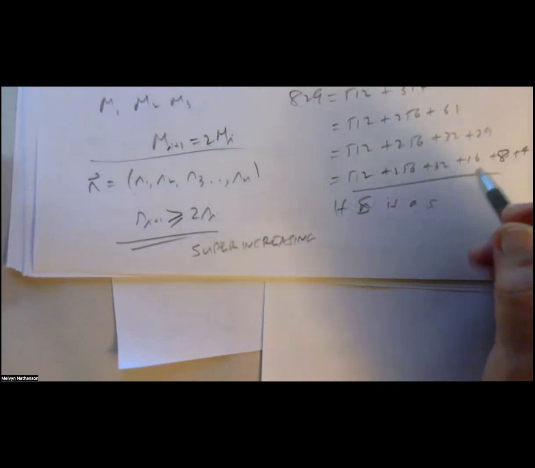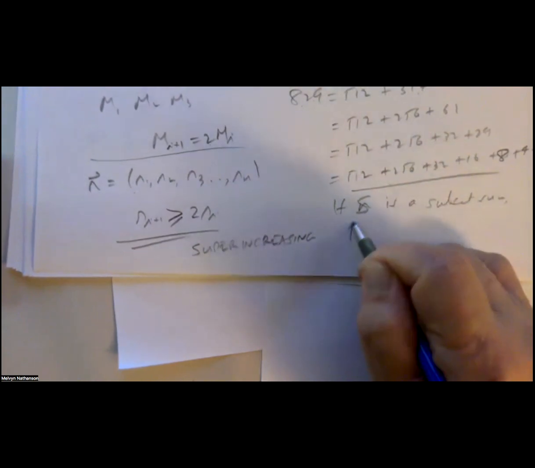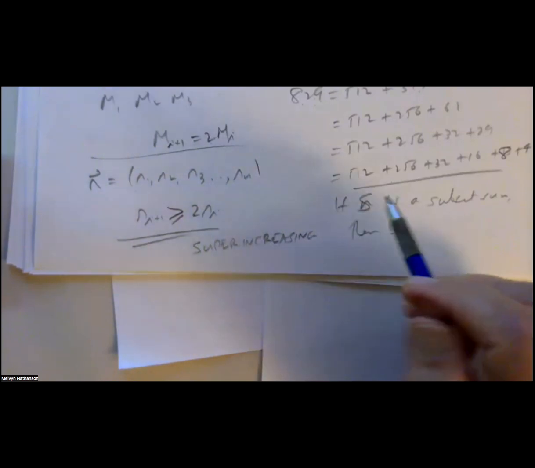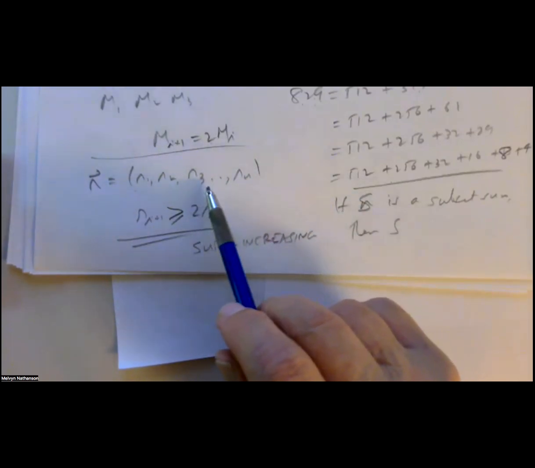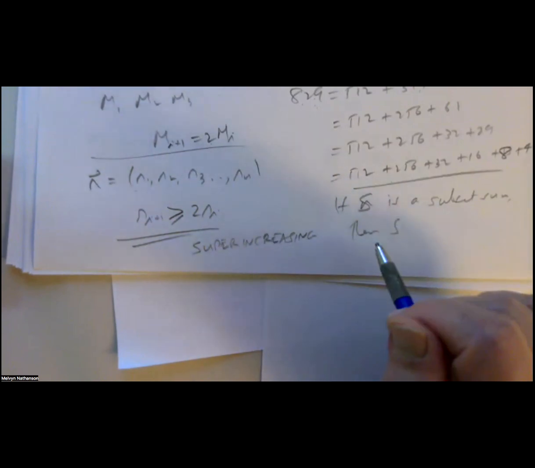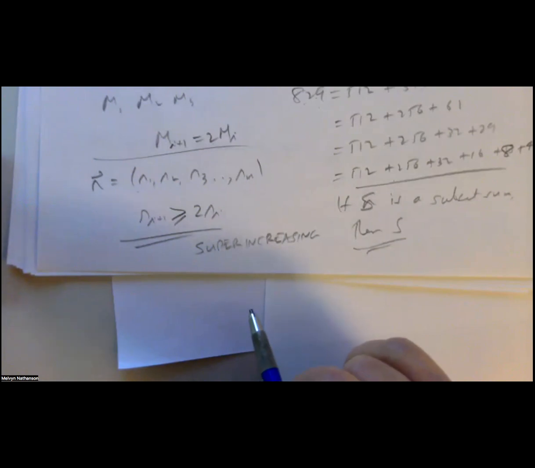And if S is a subset sum, then S is uniquely determined by, at every step, picking the largest Ri you can and keeping going. And that's an algorithm that always works.